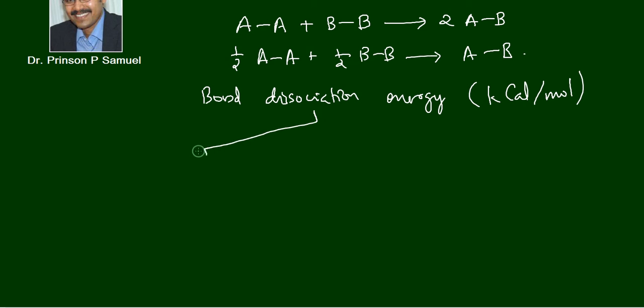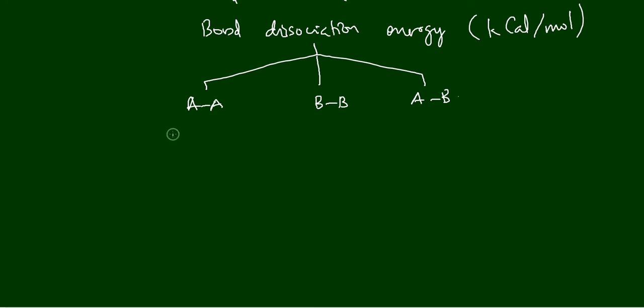So the bond dissociation energy of AA is considered, the bond dissociation energy of BB is considered, and the bond dissociation energy of AB is considered. Let us call the bond dissociation energy of AA as EAA, the bond dissociation energy of BB as EBB, and the bond dissociation energy of AB as EAB. By the way, what is bond dissociation energy?